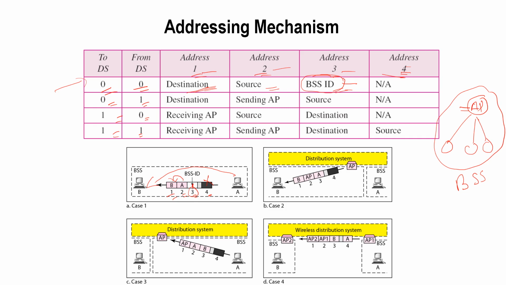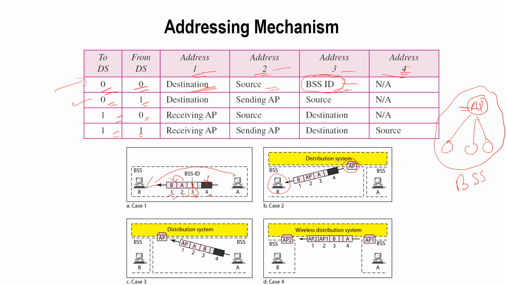Suppose my frame has values 0, 1, that is To DS is 0 and From DS is 1. That is case 2. From DS is true, but not to another BSS.